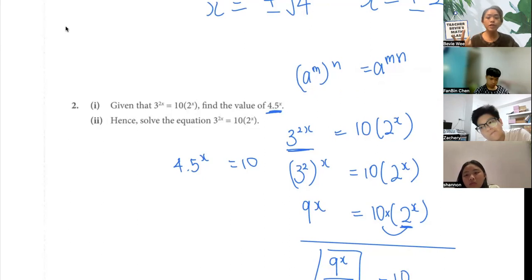If you can't change it to a similar base, you know this is not indices, but this is logarithm. What do we do to both sides? Change it to 10. Log 10. Yeah, correct. I log both sides. Okay, or you can ln both sides. But ln usually comes with e lah. I will go with log. So you log both sides. Power come down, find the value of x. Round it off to 3SF for me.